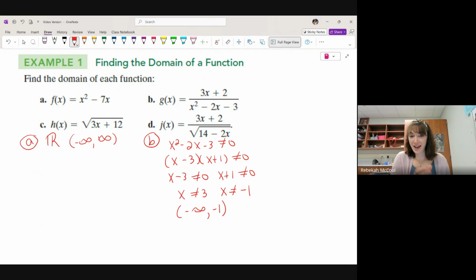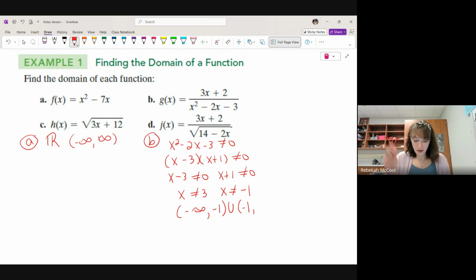So that's part of what I have, but now I need to consider the rest of it. So I'm going to have a union because I've got multiple pieces here. Now I still want all the other numbers that are close to -1, just not -1. So I'm going to use another parentheses again, starting now at -1. So that way I'm saying I can get everything up to -1, and now we're talking about things after it, but the parentheses means we're not going to include the -1.